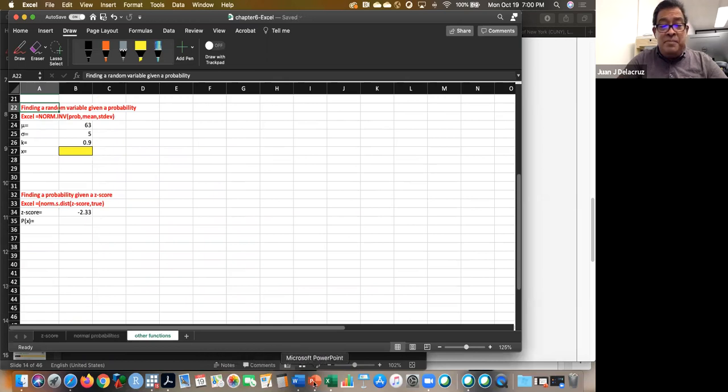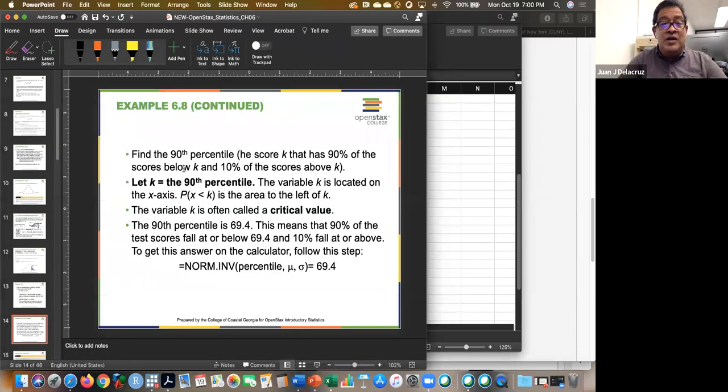So the idea of the K percentile is that you are going to be given a probability, and that probability is what you are going to use to find the C-score.